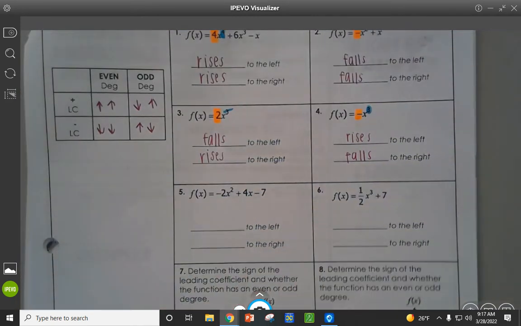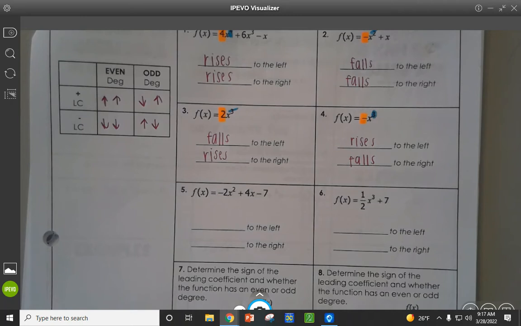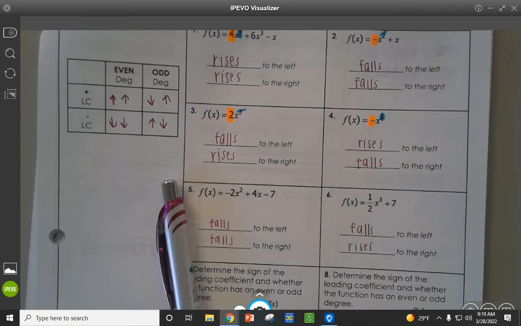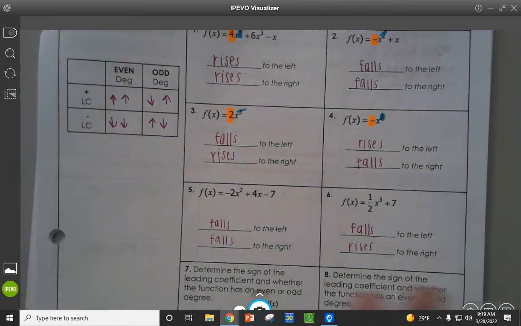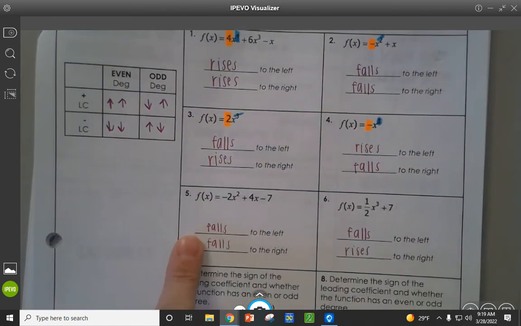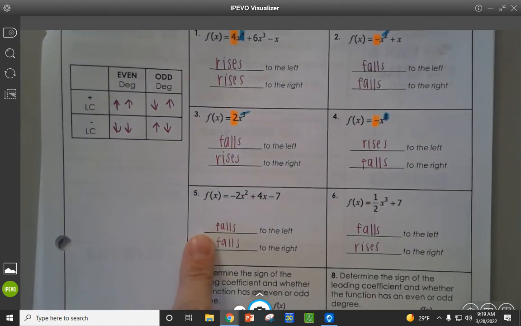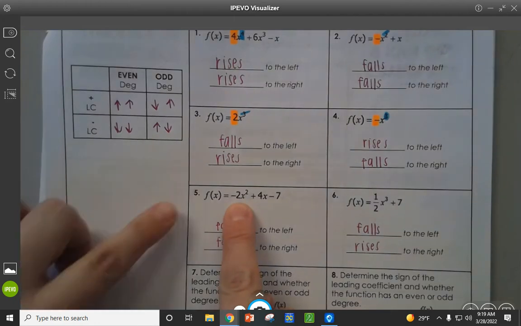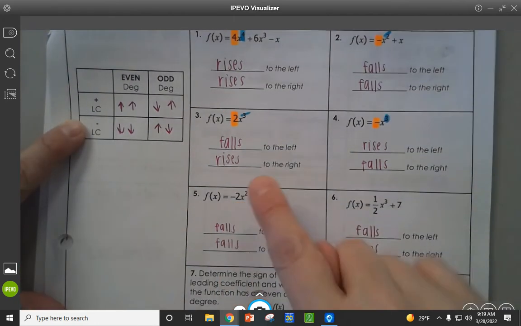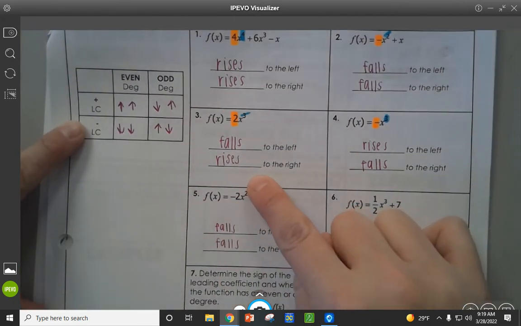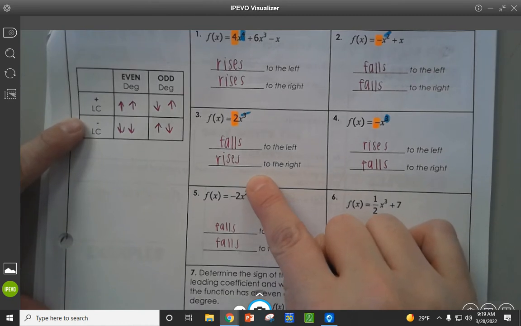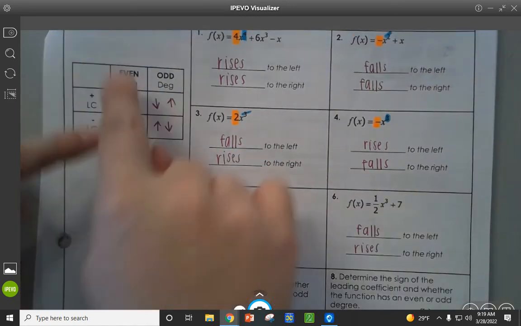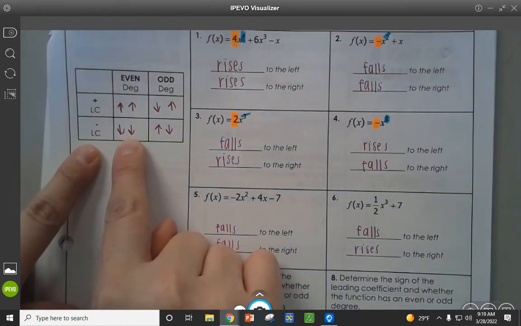Try numbers 5 and 6 on your own. All right. Number 5 should have falls. Because the number in the front is negative, and then with the degree, it's even. So negative, even, that's this box right here.